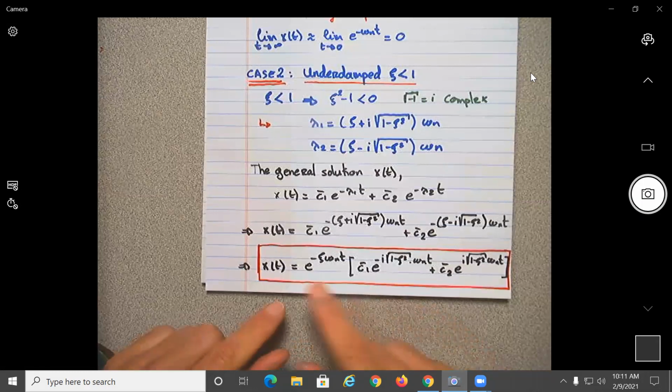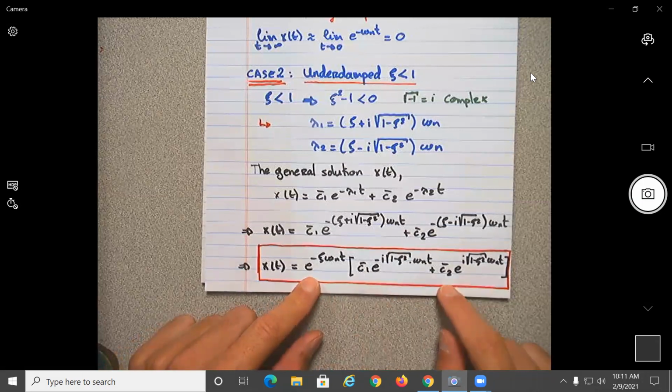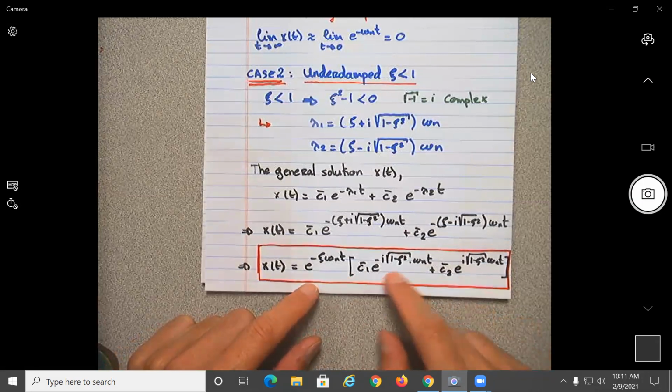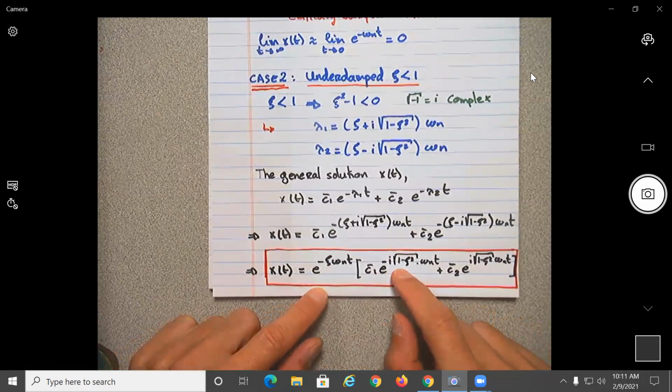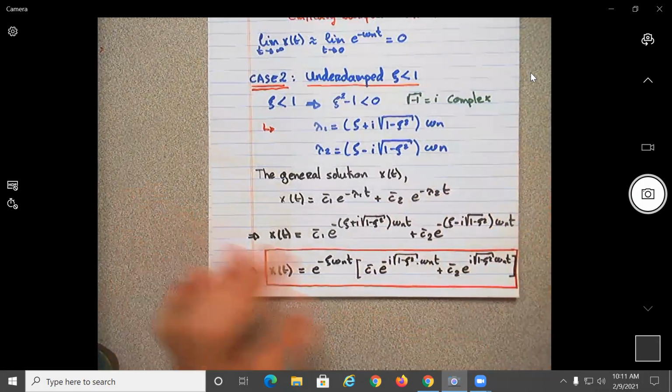Okay, so as before, this is a general form of the equation, and now we need to determine the variables c1 and c2. So instead of dealing with this exponential notation, we're going to use the Euler identities to transform these exponentials into cosines and sines. All right, don't worry about all these derivations and equations.